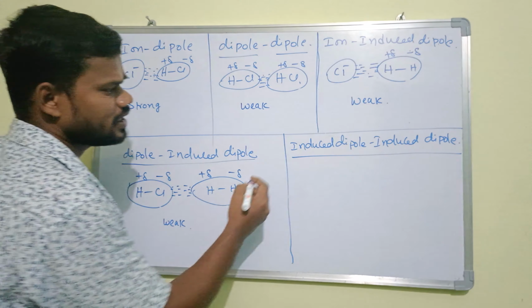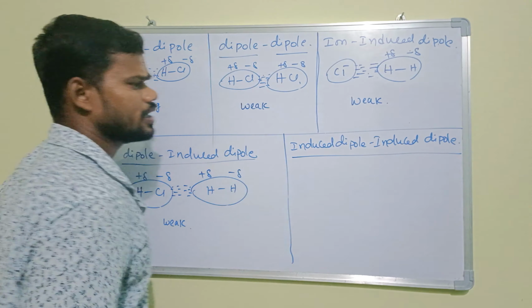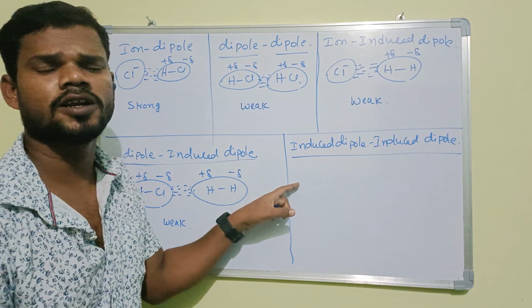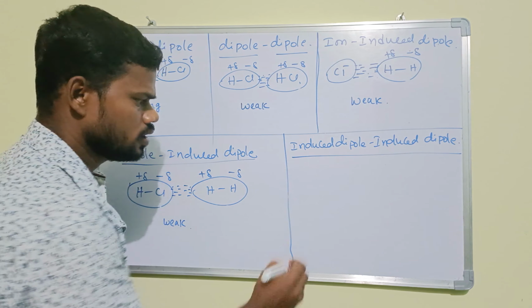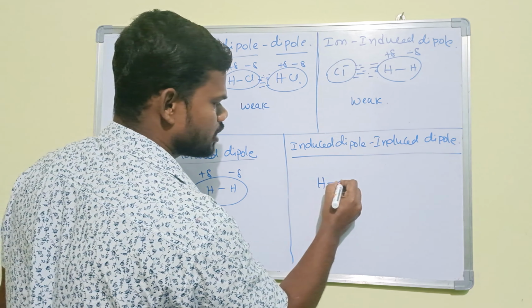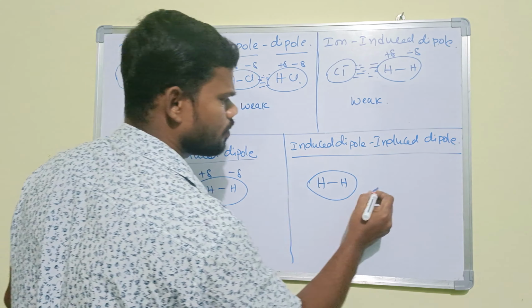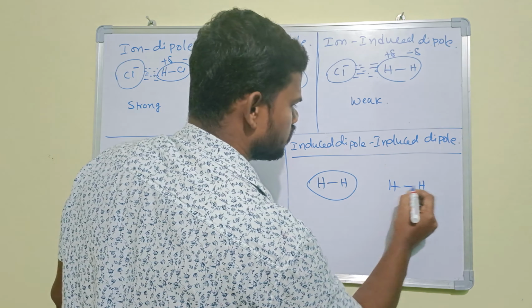So the last one is the induced dipole. The interaction between two non-polar molecules, we can take as an example. Non-polar molecules means H2 molecule or I2 molecule, whatever we take. So here H2 molecule and H2 molecule.